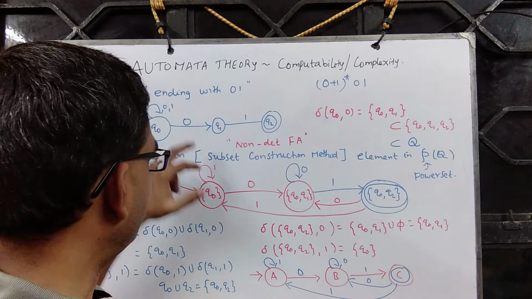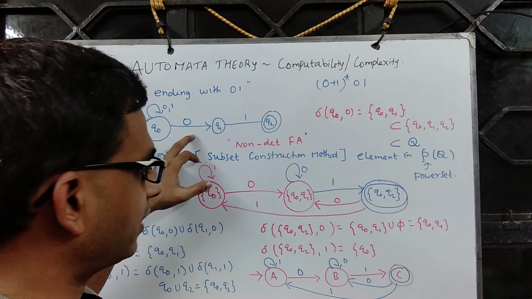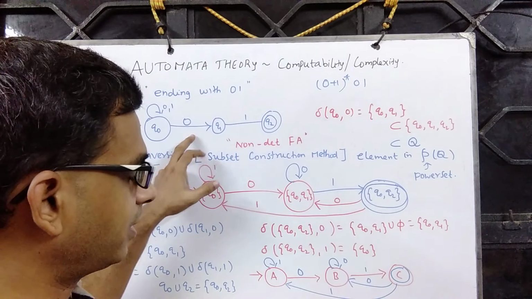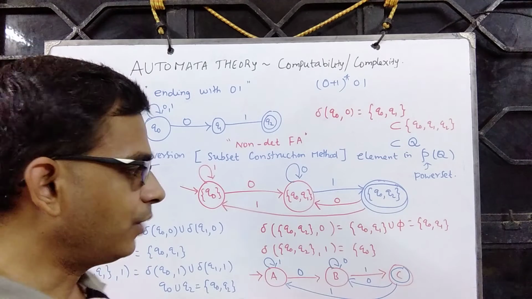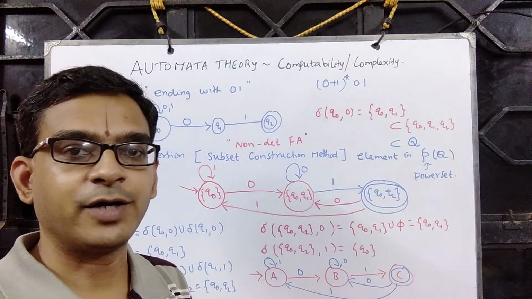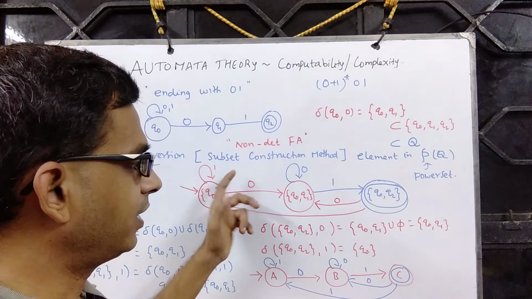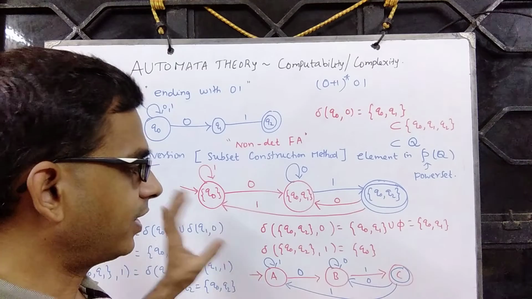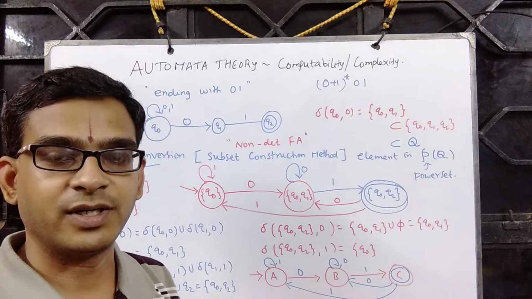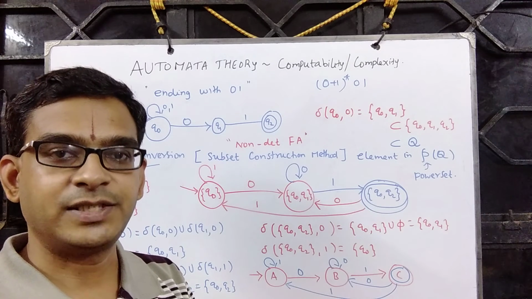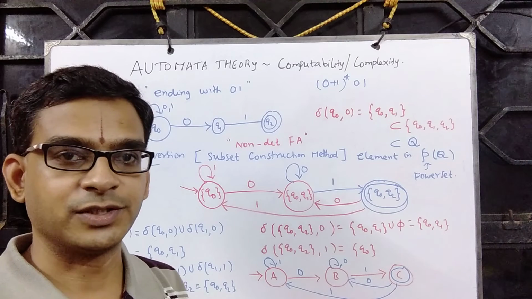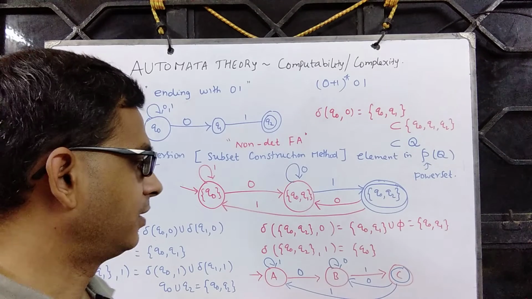A non-deterministic finite automaton having n states, if you try constructing an equivalent deterministic finite automaton following the subset construction method, we may end up with a DFA having a maximum of 2 power n minus 1 states.